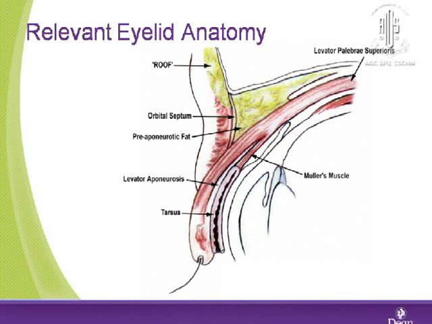The levator muscle attaches in two ways. Fibers attach to the tarsus, as we know, and fibers also attach to the underside of the orbicularis oculi and skin, helping to form the lid crease. The other relevant muscle is Mueller's muscle, and this is just inside the conjunctiva from a transconjunctival approach, and so typically our transconjunctival approaches involve resection of the Mueller's muscle.